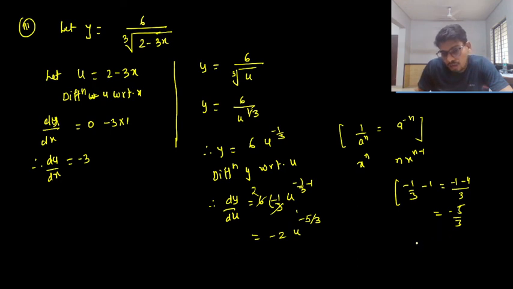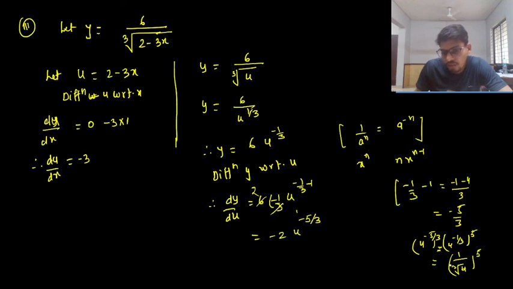Okay, now you can write u raised to minus 4 upon 3 as u raised to minus 1 by 3 power 4. Okay, this is just I am simplifying. So this will be basically, you can write 1 upon cube root, and then you can write overall power.